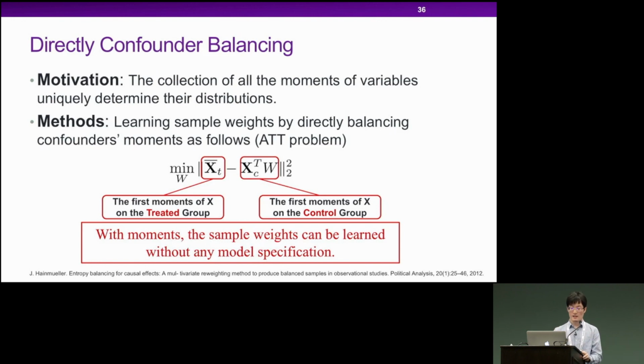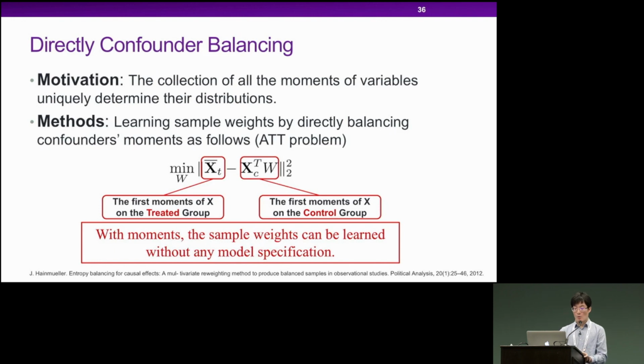In this setting we impose a weight on the X of the control group, and we ask that the moments of the weighted X_C are similar to the moments of X_T. Here we just use the average because we suppose all of the variables are binary. In the binary setting, we can use the first moment to describe their distributions.